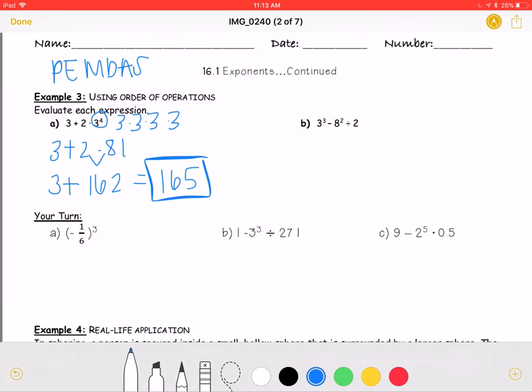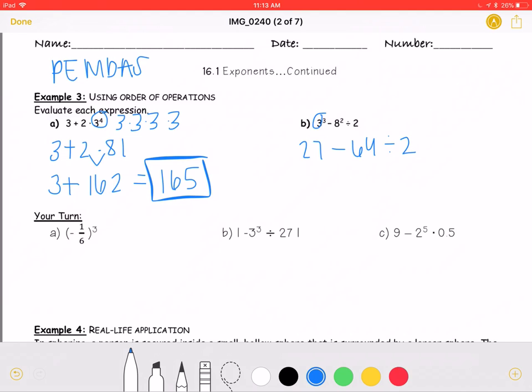All right, let's move on to part B. I see some powers happening, so let's evaluate both of those. 3 to the 3rd power, multiply 3 together 3 times. 3 times 3 is 9, 9 times 3 is 27. And then 8 squared, or 8 times 8, gives us 64. Keep going along with our order of operations.